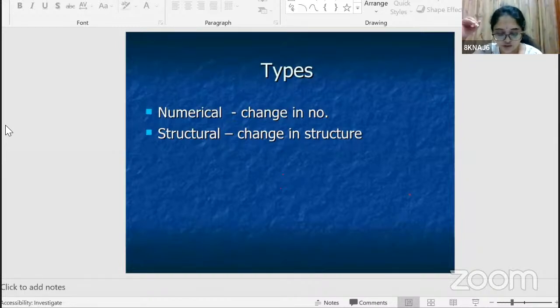So for example, 46XX is a normal female, 46XY is a normal male. Deletion means DEL, duplication means DUP, INS means insertion, I means isochromosome, INV means inversion, R means a ring chromosome, T is translocation, TER is the terminal, MAT means maternal origin, PAT means paternal origin.